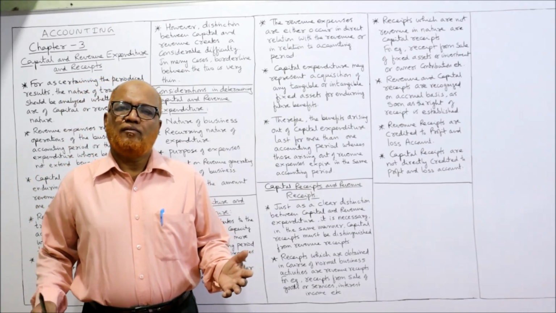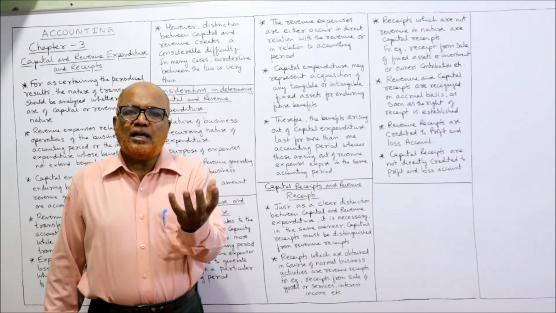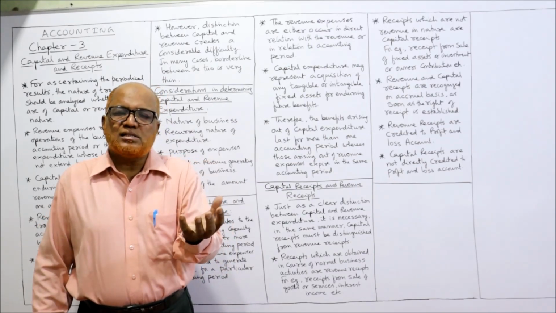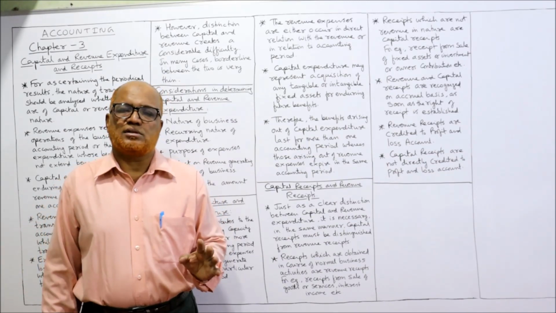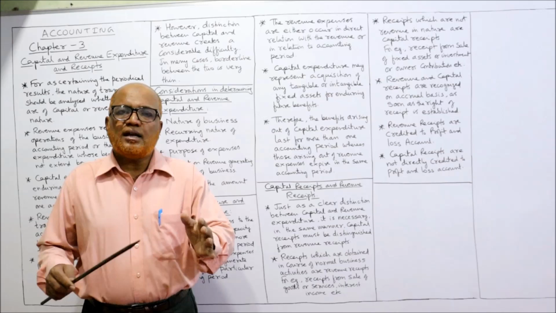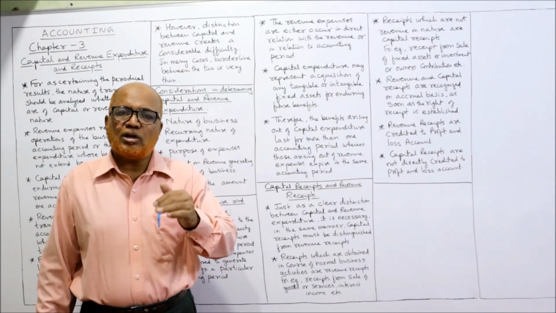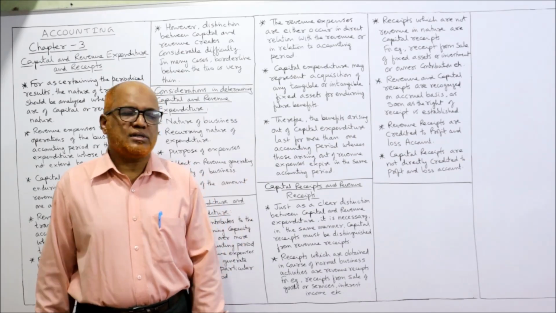Every business will either provide goods or provide services. So any receipts from selling the goods or from providing the services are revenue receipts. Similarly, interest received, rent received, commission received, these are all called revenue receipts.